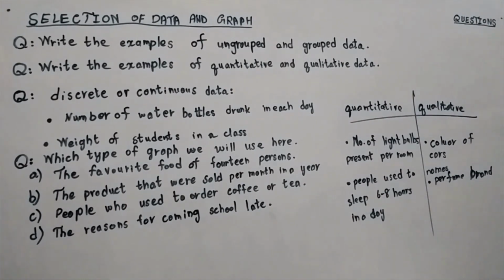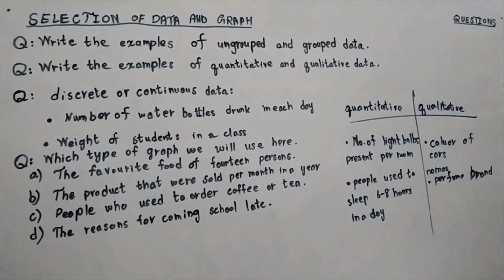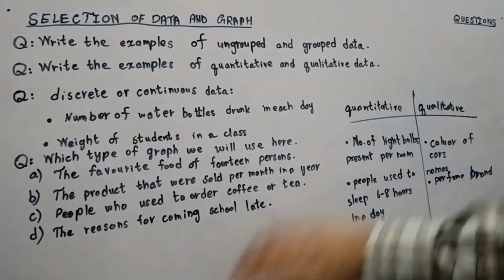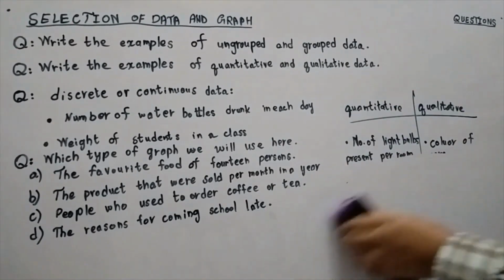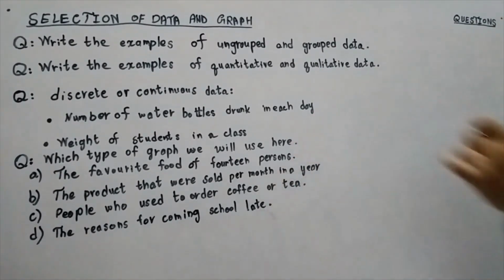Clear? So now we have the difference between qualitative and quantitative data, and we have seen some examples. Now our next question is discrete or continuous data. Actually in this we have to tell whether these two types of data are discrete or continuous.